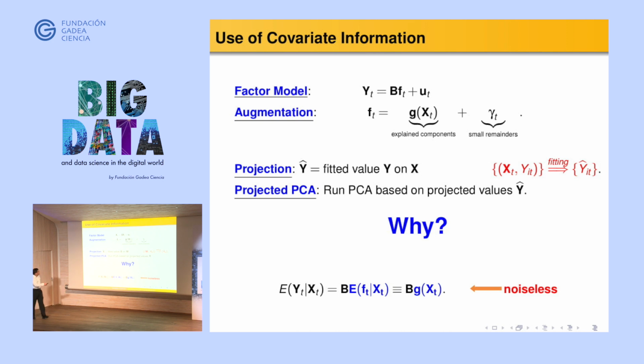Compared with this line of equation, where you have noise here, once I do the projection you have noiseless. So then you actually increase the signal, and therefore you get better fitting on those Bs.